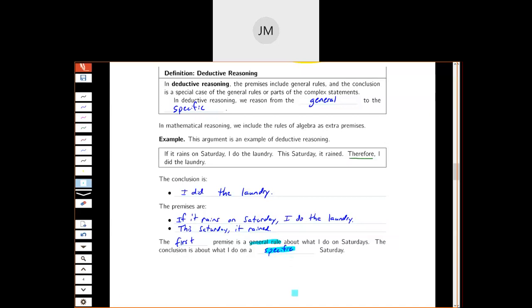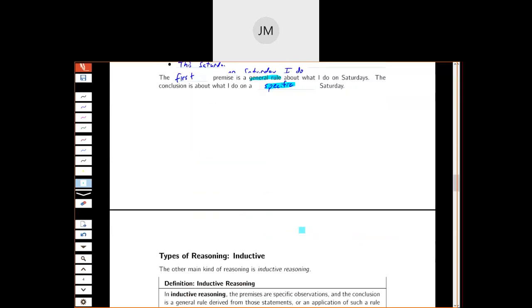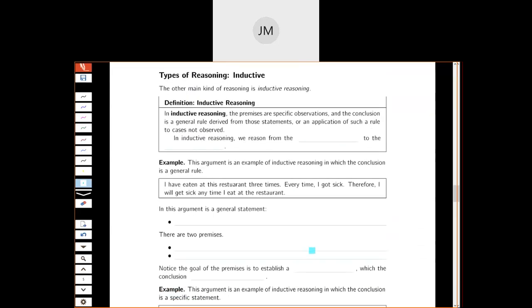Now let's talk about inductive reasoning. The other main kind of reasoning that we're going to talk about is inductive reasoning. In inductive reasoning, the premises are specific observations, and the conclusion is a general rule that we derive from those statements, or maybe an application of such a rule to cases not observed.